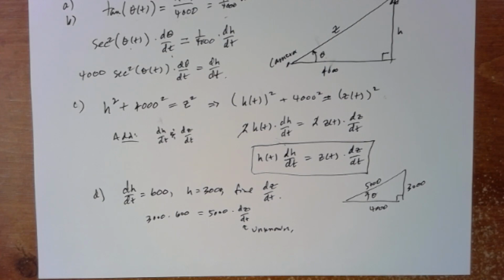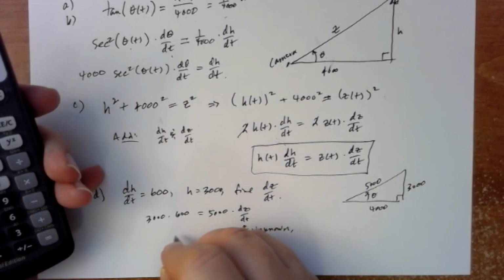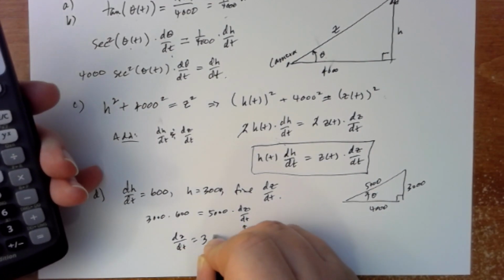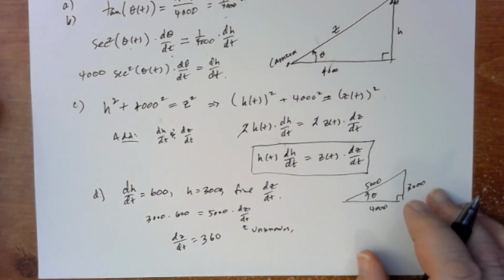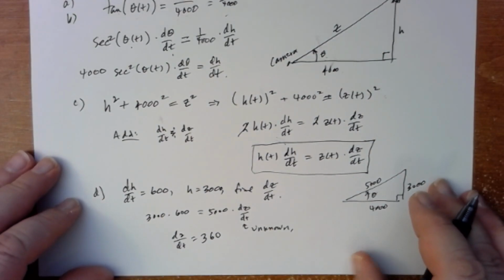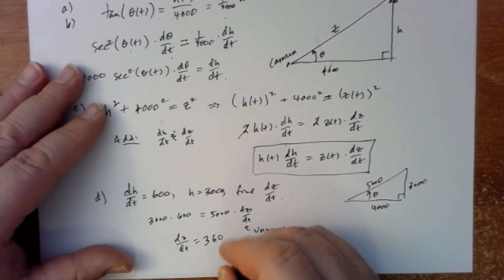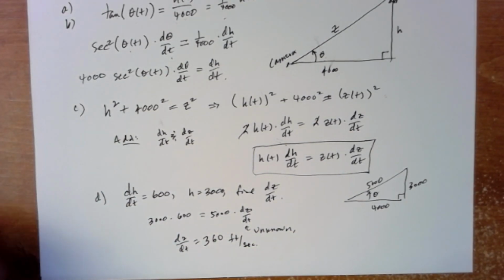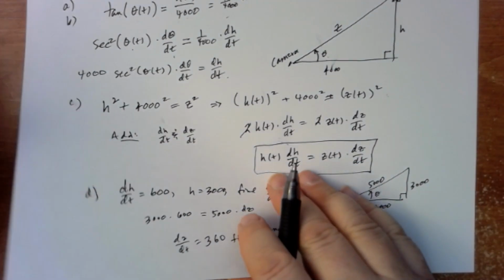Let me go ahead and compute that. 3/5 times 600? 360. So dz over dt equals 360. 360 what? Did you say feet per second? Good. All right. So that's part D.